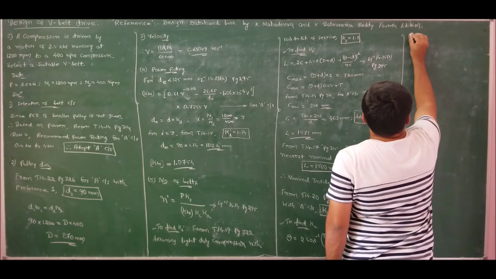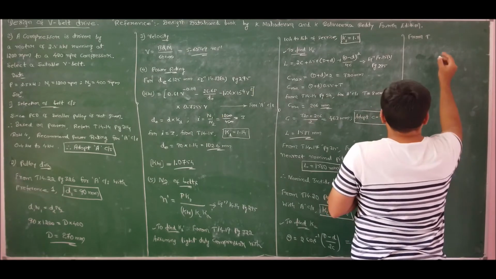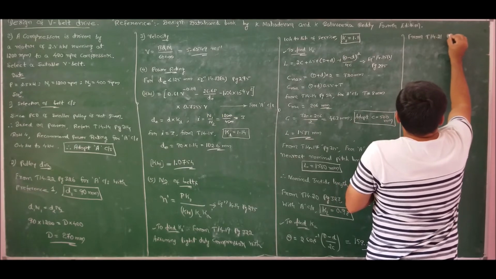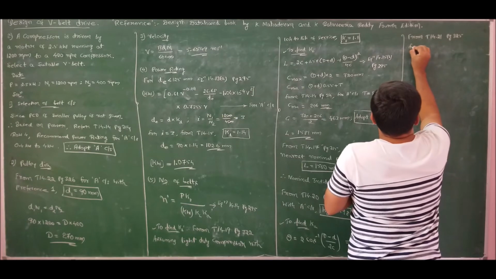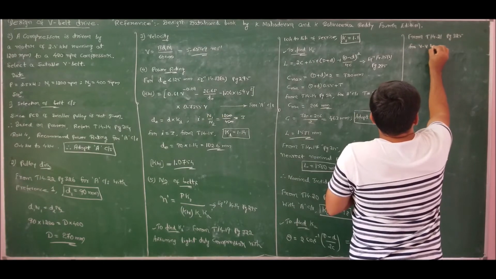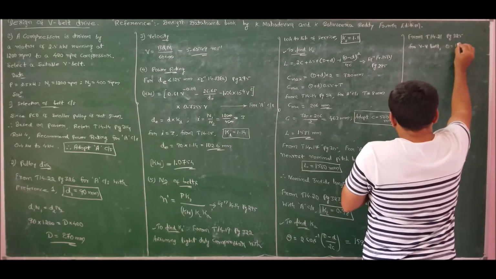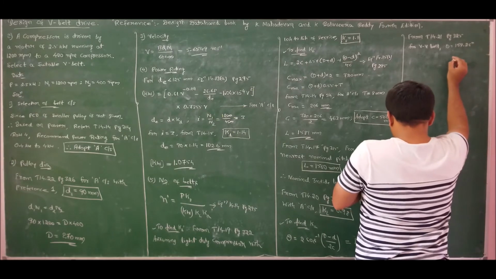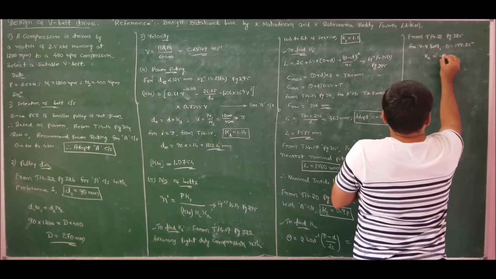So therefore, from table 14.21, referring to page 325 for V belt with theta equal to 159.26 degrees, we have factor for angle correction is 0.95.